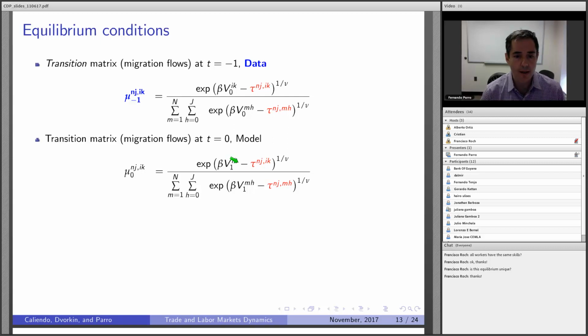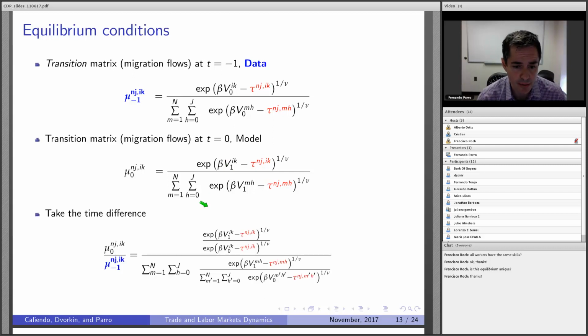So we are going to take migration flows at the initial period, at t minus 1, from the data. We are going to take migration at period 0, at time equal to 0, from the model, and the migration flows at time equal to 0 are going to reflect the expected value of going to any labor market at period 1, and we're going to take the ratio between both.